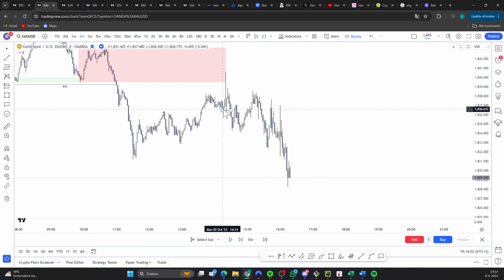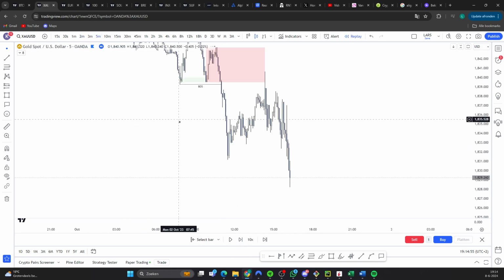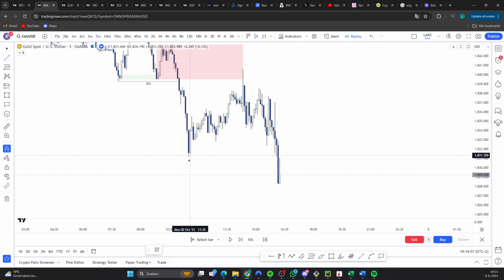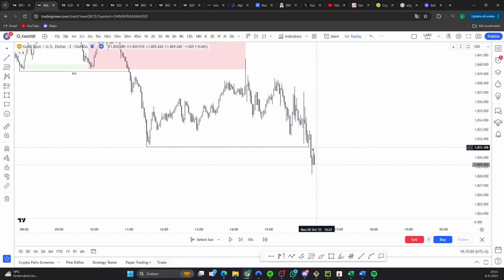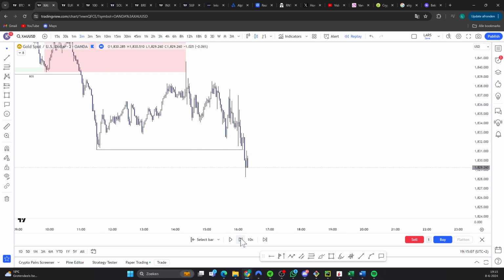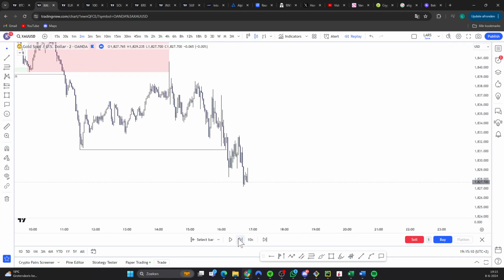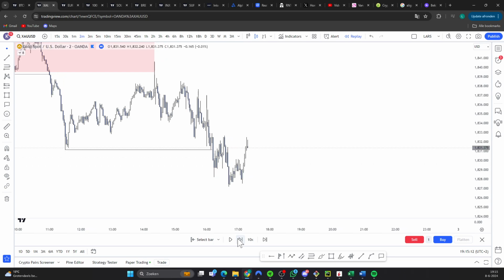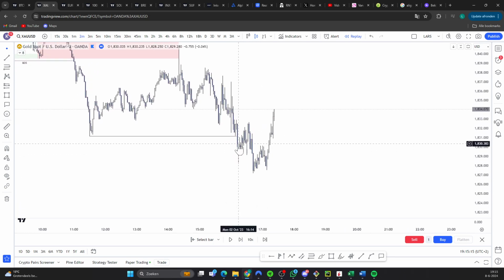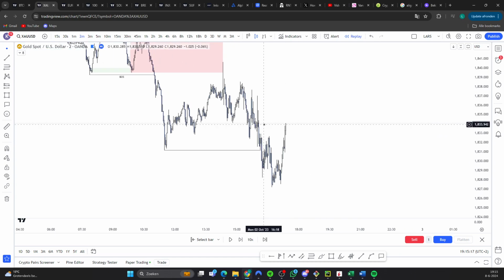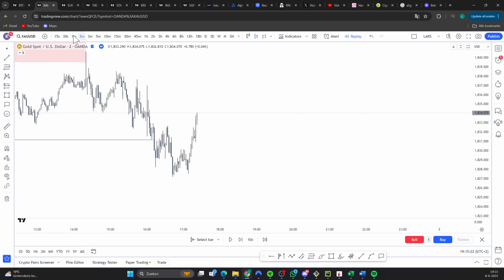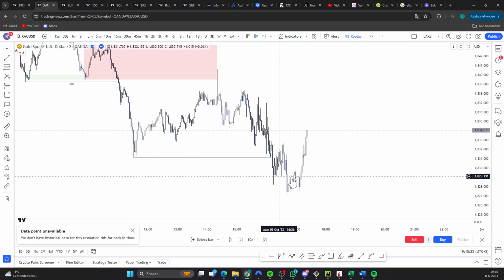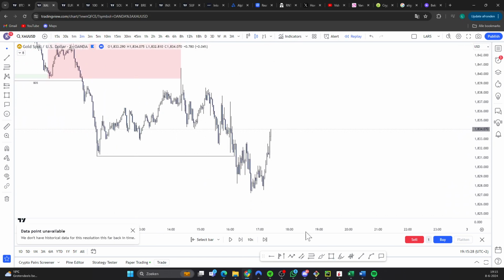Again, but 2 structure confirmation trades that did end up working. It's looking like a potential PO3.